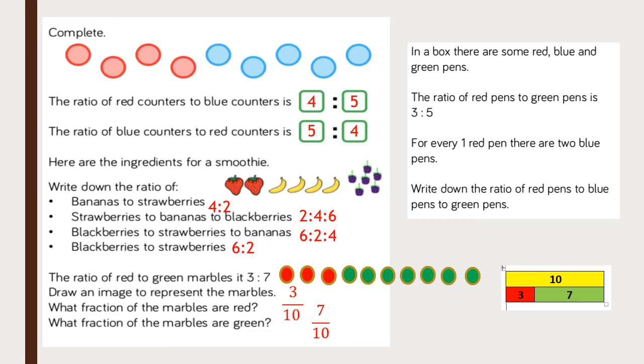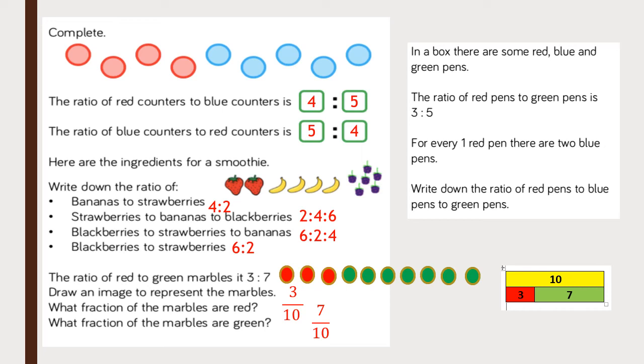So we know that for every 1 red pen, there are 2 blue pens. But the ratio above that tells us about 3 red pens. So we first of all need to work out, well, if I had 3 red pens, how many blue pens would I have? If my ratio of red pens to blue is 1 to 2, and I change that so I have 3 red pens, then I've times that 1 by 3.